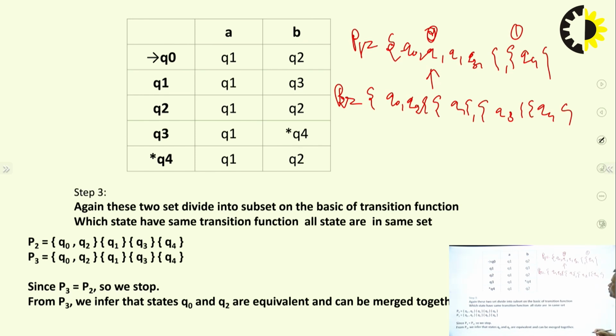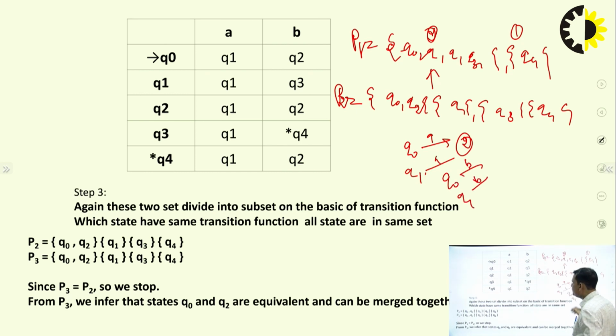On input A, Q0 and Q1 go to set number 2, and on input B, Q0 and Q1 go to Q2, Q3, which is set number 2.